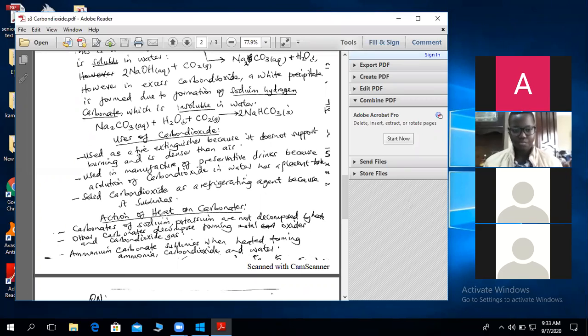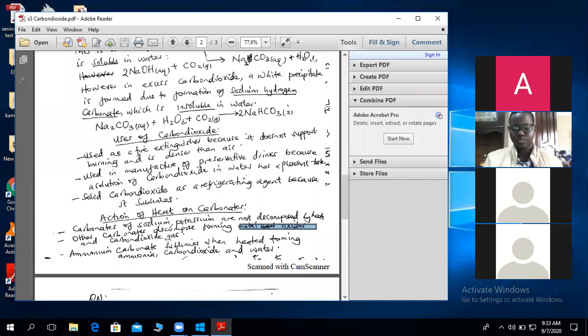For example, when you heat calcium carbonate, it will give you calcium oxide, a metal oxide, plus carbon dioxide gas.